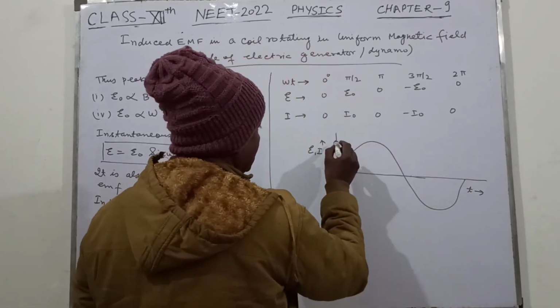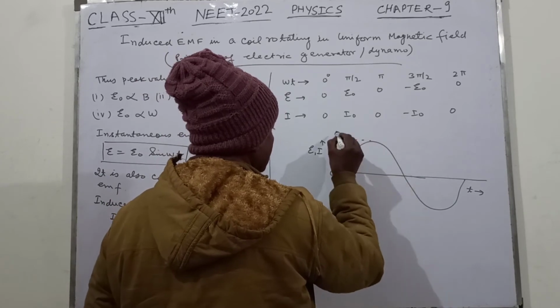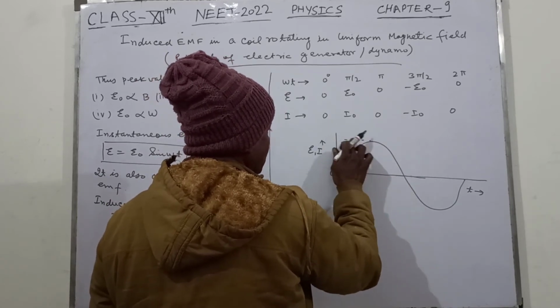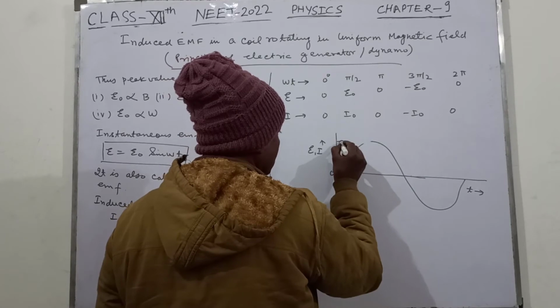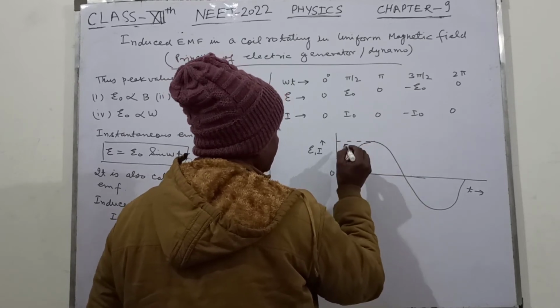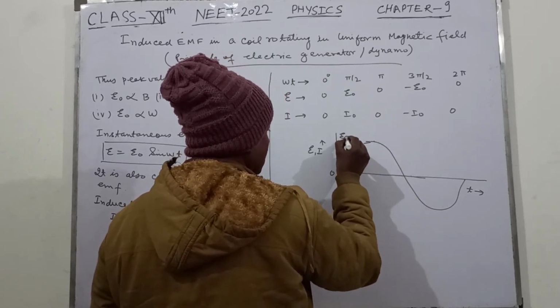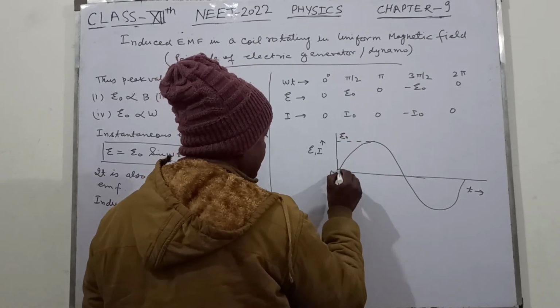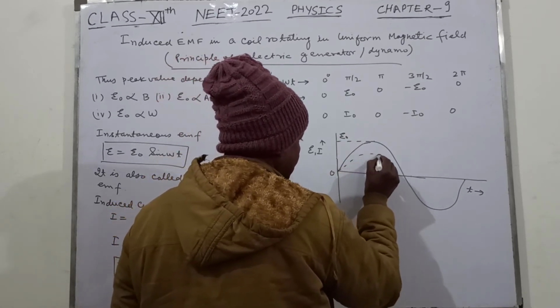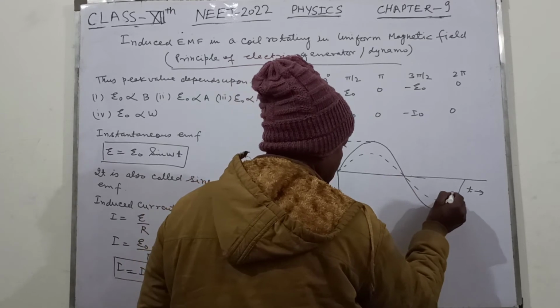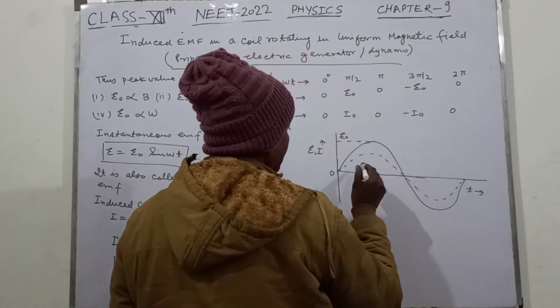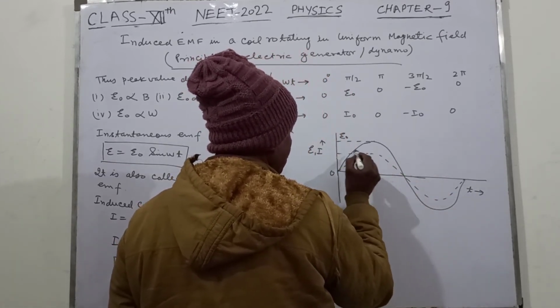Like this. Now here we will have this value, which corresponds to the peak value. This is your E naught. And here I take the current like this, and this value corresponds to I naught.